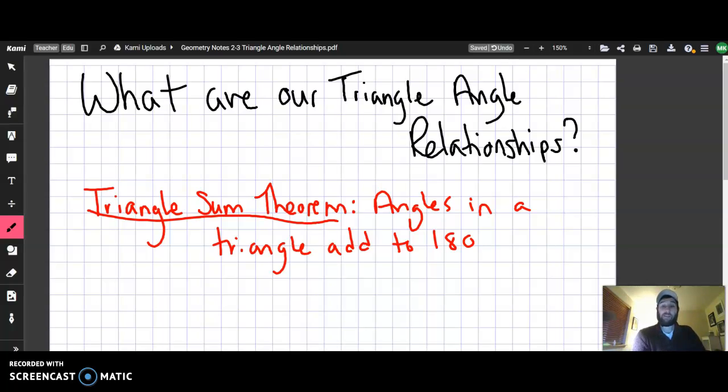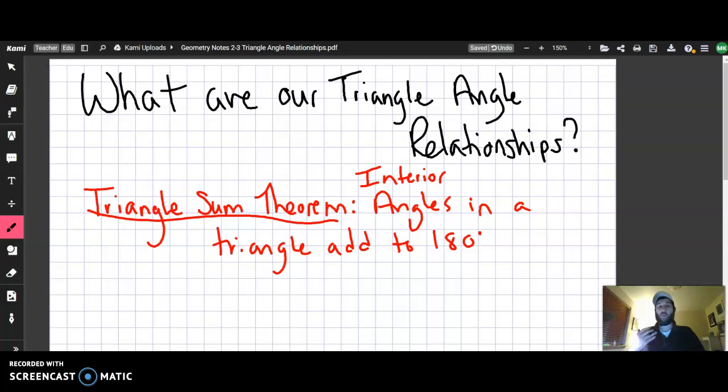Now, the fancy thing here is that when I say that, it's implicitly implied that we're talking about the angles inside of the triangle. Not any angles outside, but the angles inside. And so we're going to add a vocabulary word here, and we're going to say specifically the interior angles. The angles inside of the triangle add to 180 degrees.